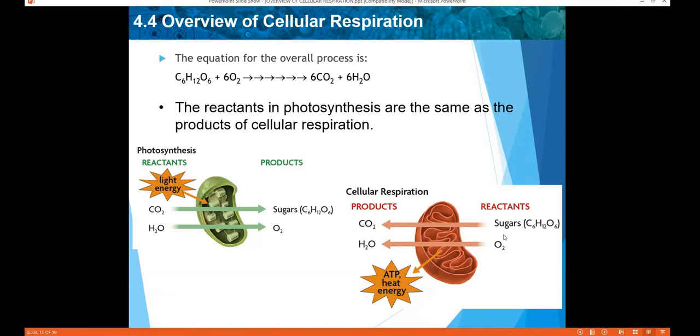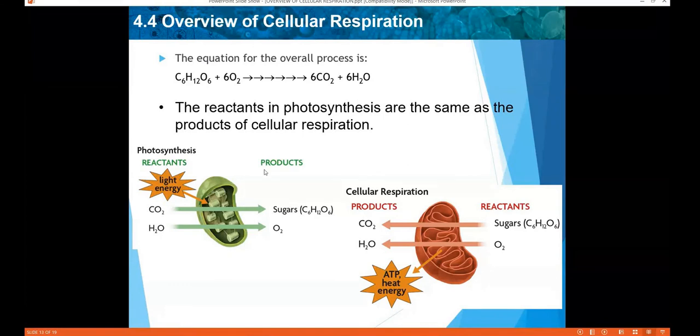Plus, of course, we need oxygen for cellular respiration to take place, and the products released by cellular respiration are carbon dioxide and water, which are again used in the process of photosynthesis. So we can say both these processes are interrelated.